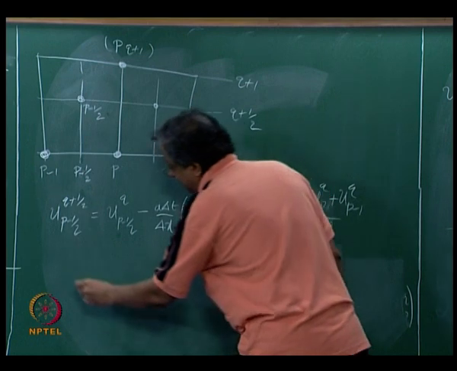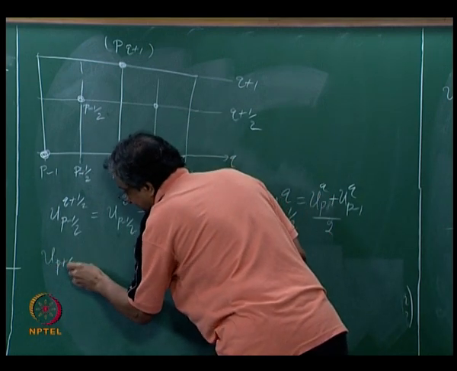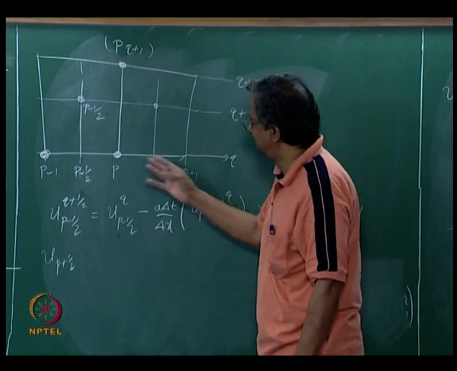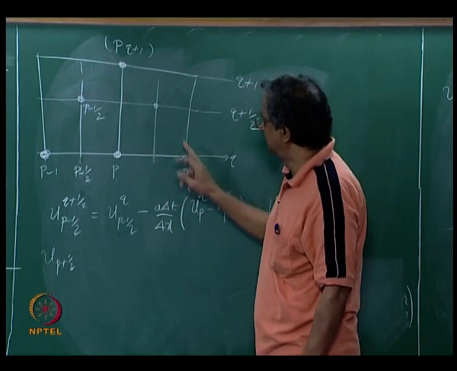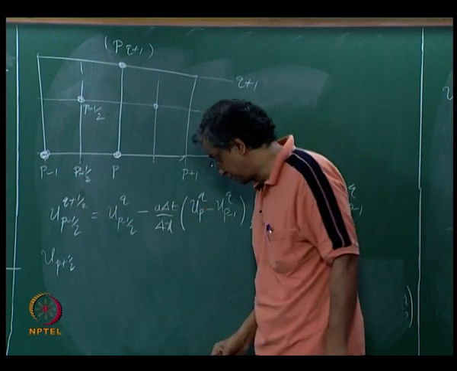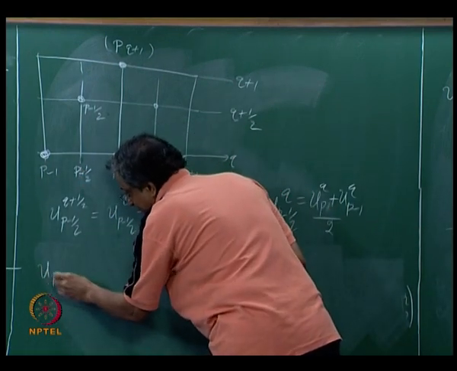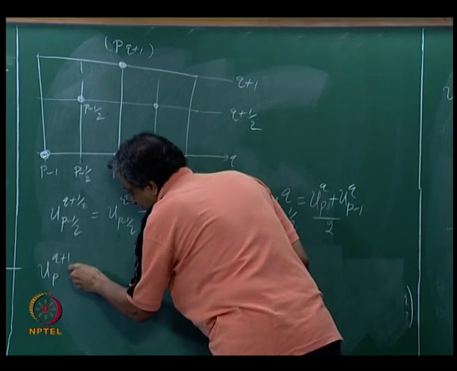In a similar fashion u at p plus half, q, well it would be the same, obviously you are going to find this value using these two, right. For each of these intervals you do that. So I will go directly to u_p, q plus 1.